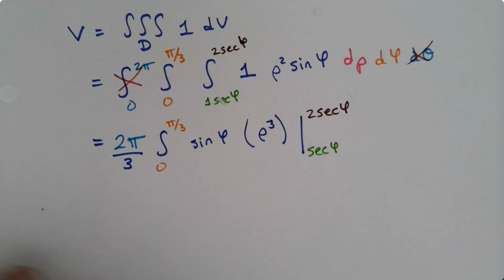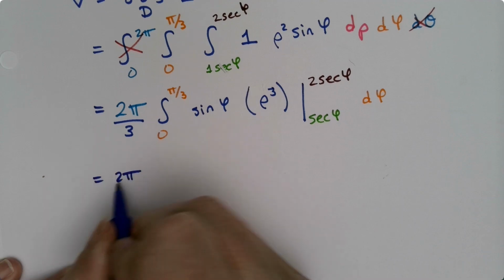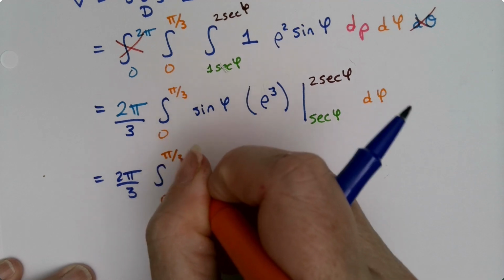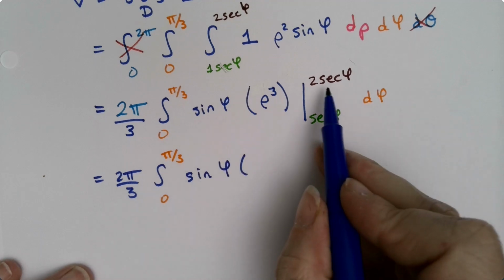And then I still have my d phi out in the back. So then that's really 2 pi over 3, integral from 0 to pi over 3, sine of phi, and then we're going to put this in.